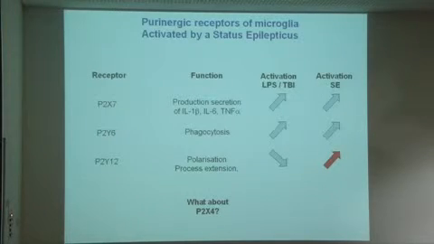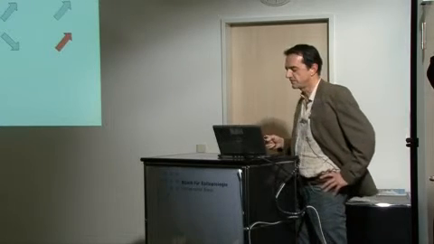So in contrast to some other models of activation, we see, of course, an upregulation of P2X7 and P2Y6, but we see also an increase of P2Y12 instead of a decrease of these receptors. So it's the first evidence that the activation state of these microglial cells in the epileptic brain is different from that we can have in, for instance, the very widely used model of LPS.